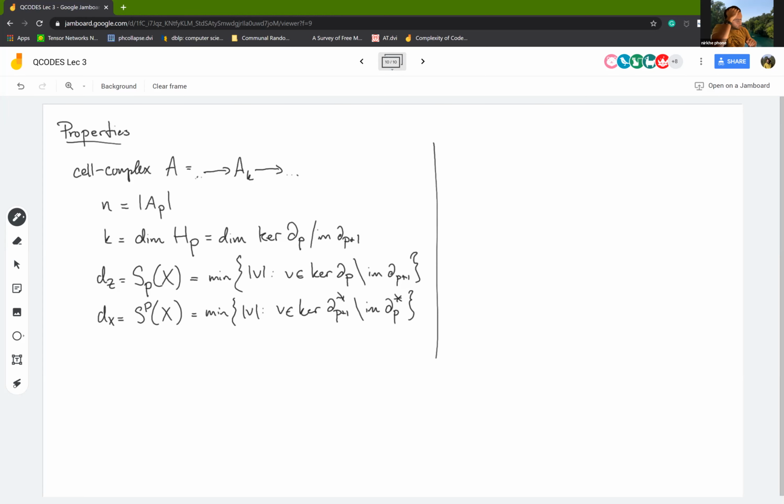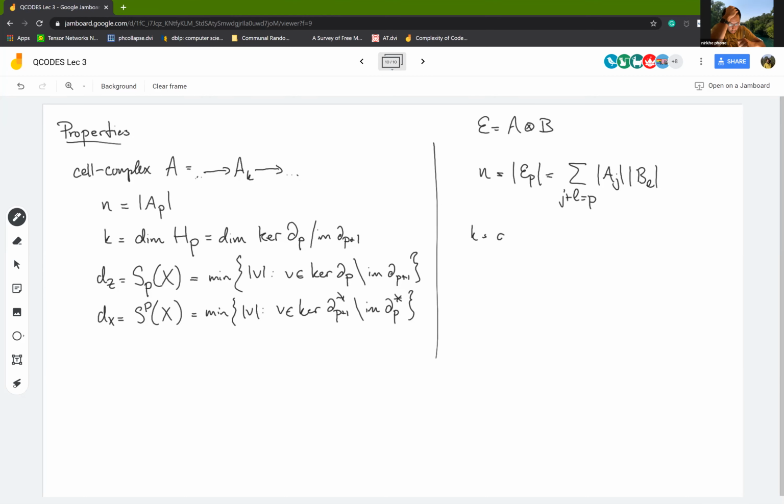And nicely, what we actually get is when I take E to be A tensor B, the number of qubits is going to be the size of E_p, which will be the sum over the size of A_j times B_l, where j plus l is equal to p.